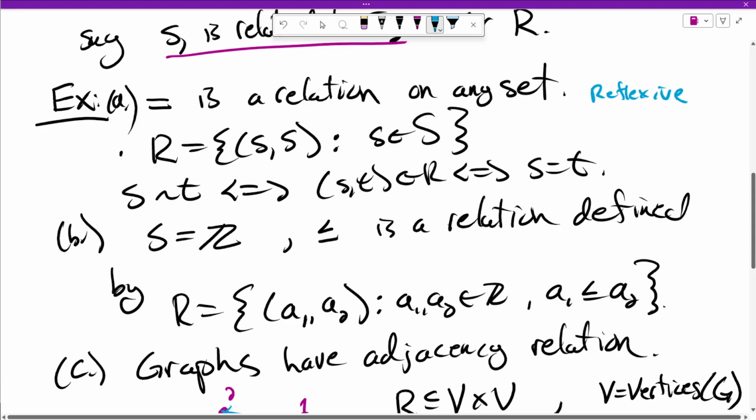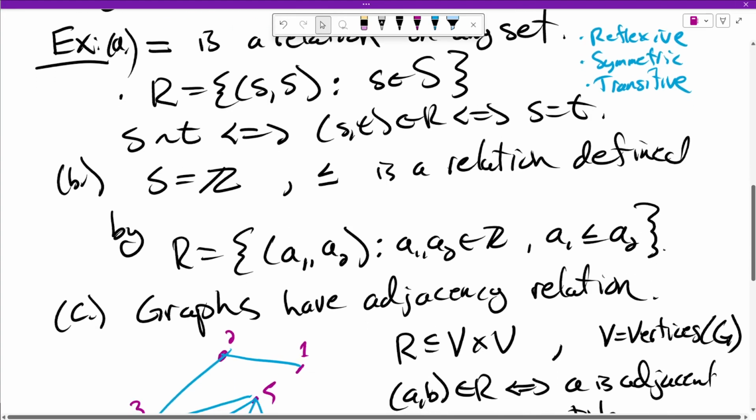That is, if a and b are the same, are b and a the same? Well, yes, they're equal, so it's just the same element. If a equals b and b equals c, is it true that a equals c? Yes, equality is transitive. Great. So equals is an equivalence relation. It's the most uninteresting equivalence relation because it's equals, but nevertheless it is one.